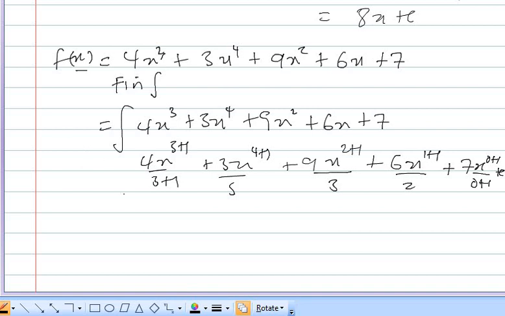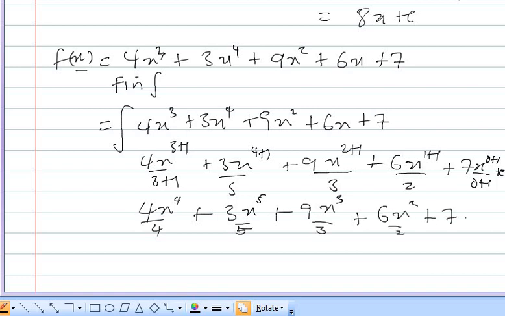So we can also say 4x to the power of 4 over 4 plus 3x to the power of 5 over 5 plus 9x to the power of 3 over 3 plus 6x squared all over 2 plus 7x plus c.